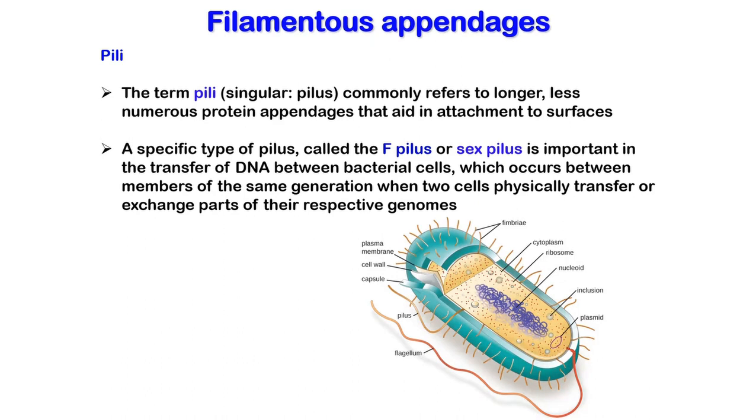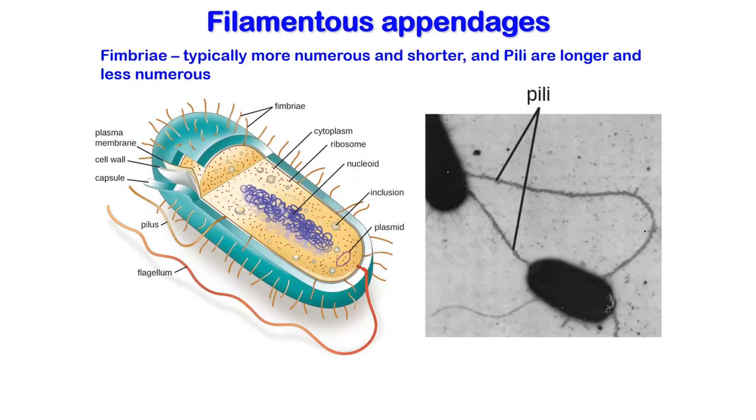We also call this conjugation. And just to recap, the difference between the fimbriae and the pili: fimbriae are typically more numerous and shorter, whereas the pili are longer and present in fewer numbers.